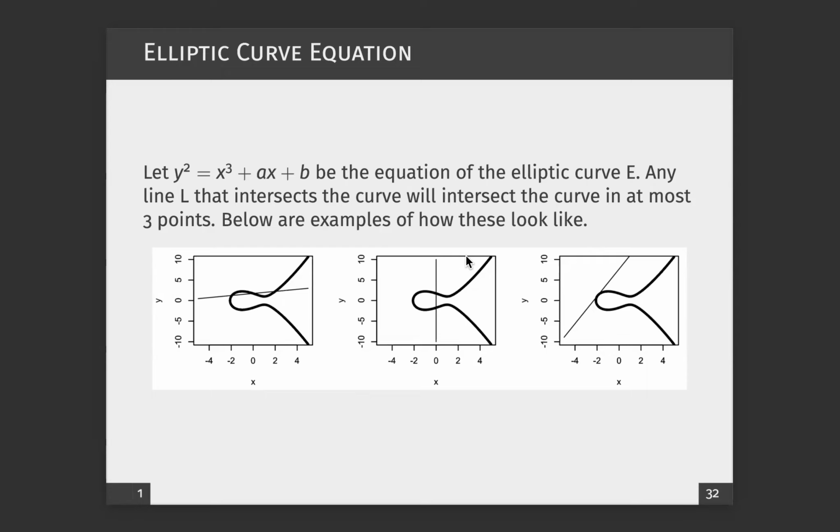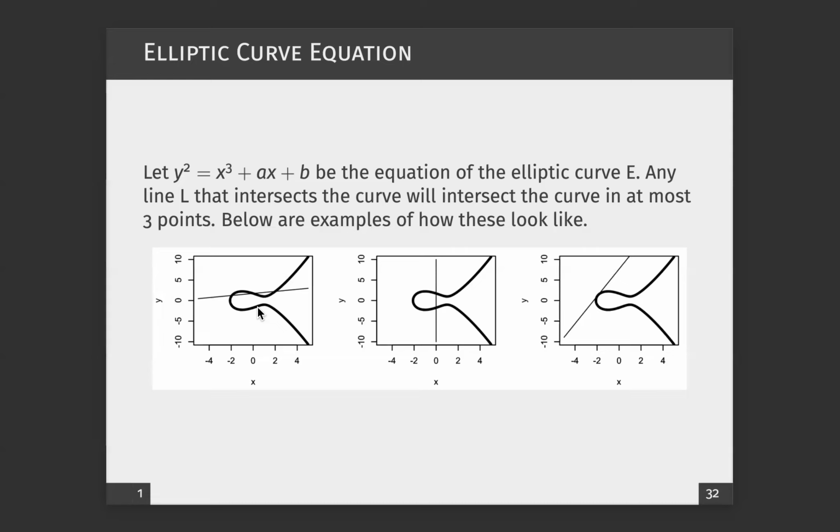Depending on the values of a and b, it looks like this. This elliptic curve extends to infinity, and here I'm just showing a portion of it.